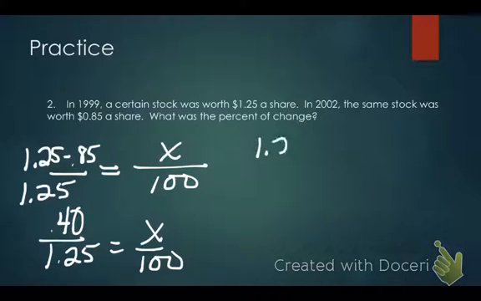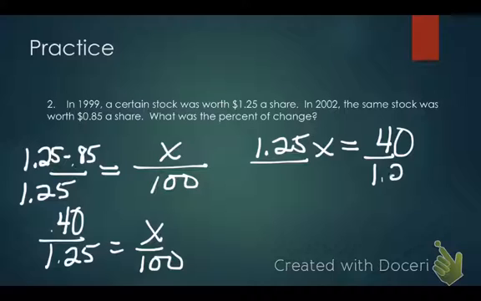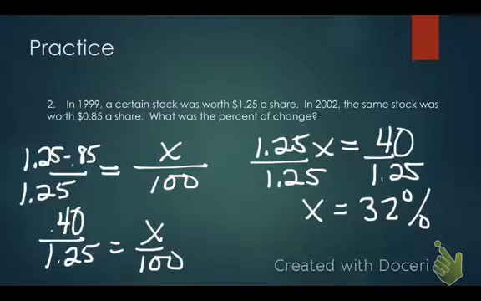So I find my cross product equation: 125x equals 40. Then I divide each side by 1.25, and I get x equals 32%. Since it decreased or dropped in price, it's a 32% decrease in the price of the stock. So if you had invested money in that, you would have lost 32% of your money.